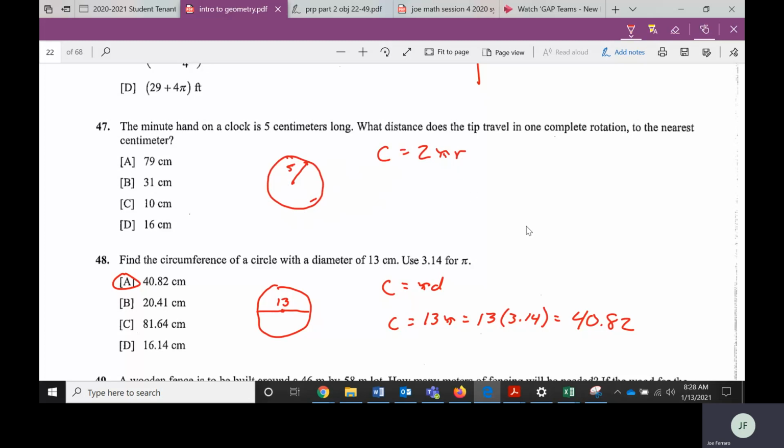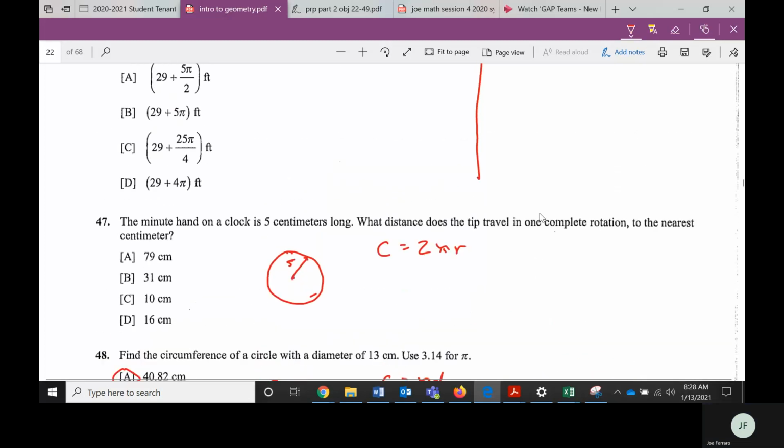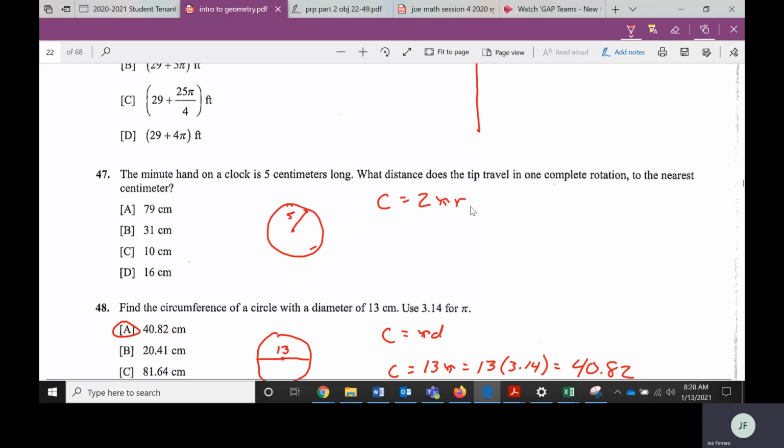2 problems left. So again, to finish this one off, you would put 5 in for R, multiply and find your answer. Also, let's just finish it because there's one more thing I want to talk about here. So if I change the order, 5 is the radius, we'll put 3.14 in, we get 10 times 3.14, we get 31.4.